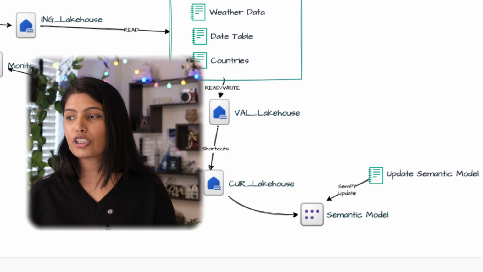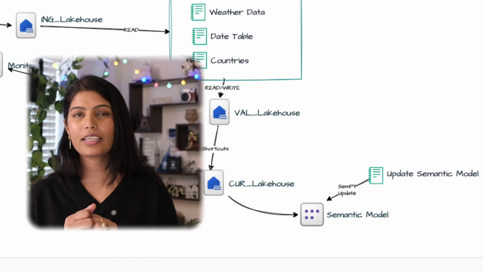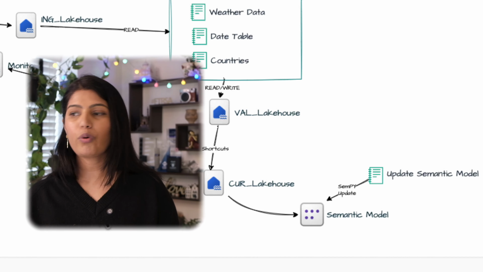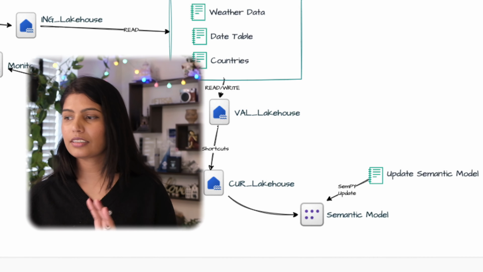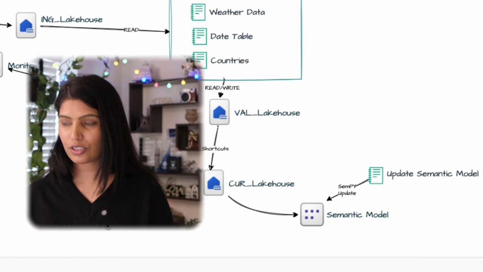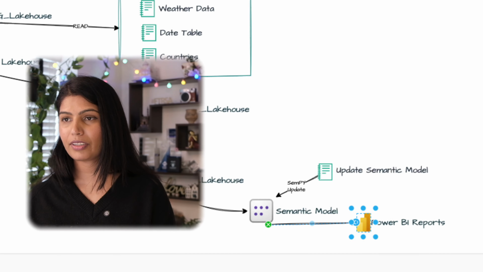I'm not going to put that one in a pipeline or anything. As a developer, when I'm designing it, I would go and update things related to that semantic model, so only the developer would have access to it. And then I'm going to create the Power BI reports on top of it.